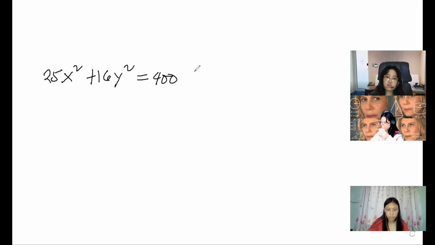So what should be the very first step? You find each value in the formula for the variables. Okay. So Rika Polinar, what will you do? What is the first thing to do?